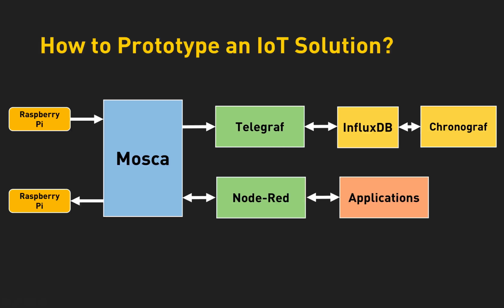And the output of InfluxDB is going to a dashboard, a visualization front end called Chronograf. So Chronograf is a very powerful dashboarding tool that can grab the data from InfluxDB and helps us visualize that. So that is the analytics path.